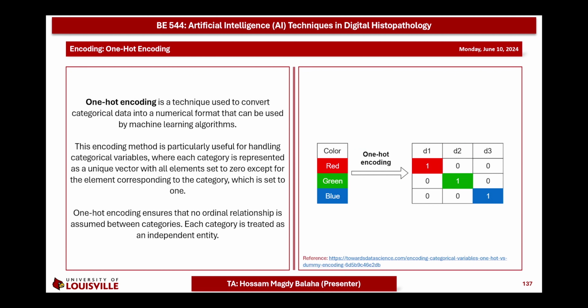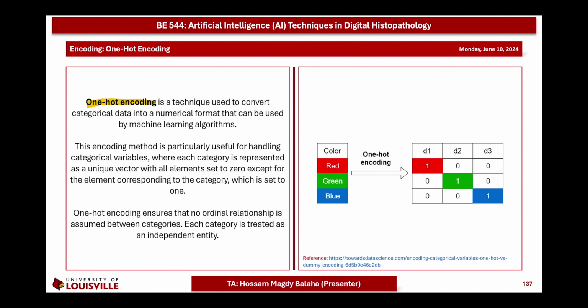Another technique is called one-hot encoding, and it's a technique used to convert categorical data into a numerical format that can be used by machine learning algorithms. This approach is useful for handling categorical variables, where each category is represented by a unique vector with all elements set to 0 except for the element corresponding to the category, which is set to 1.